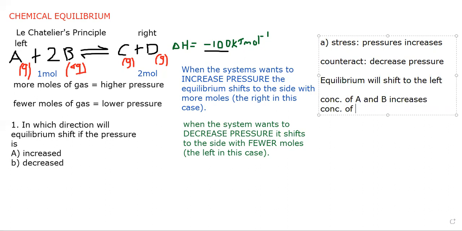Concentration of C and D decreases. So whenever you change temperature and pressure, they can still ask you about the concentration of the substances, because once equilibrium shifts, the amount of substances on both sides is going to change.